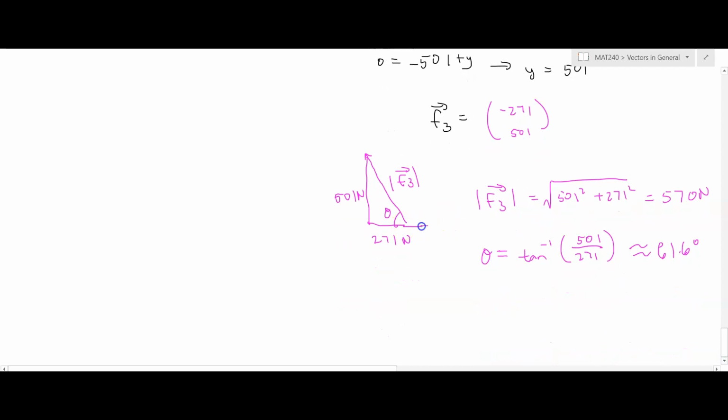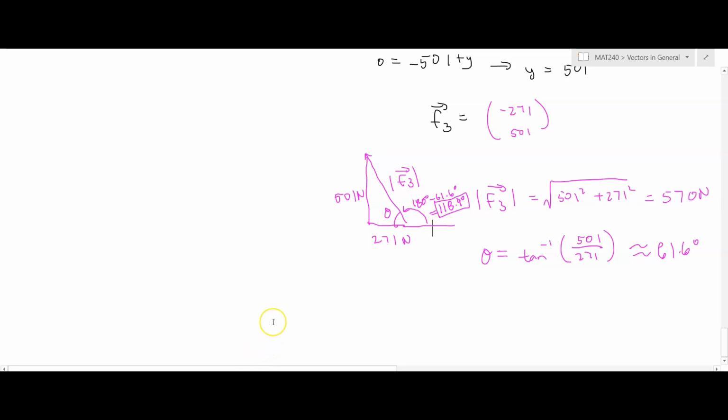So this whole angle here, right there, would be 180 degrees minus 61.6 degrees, which comes out to about 118.4. And that's relative to the positive x-axis.